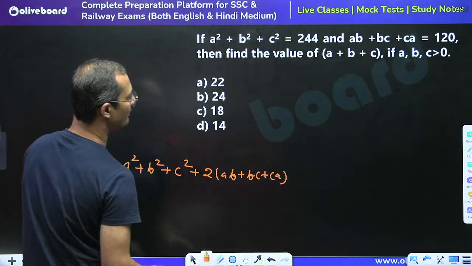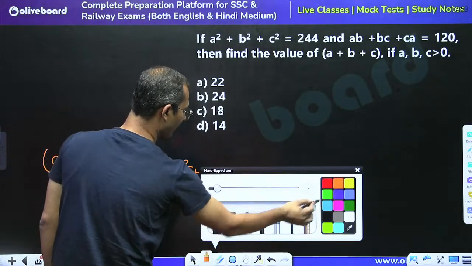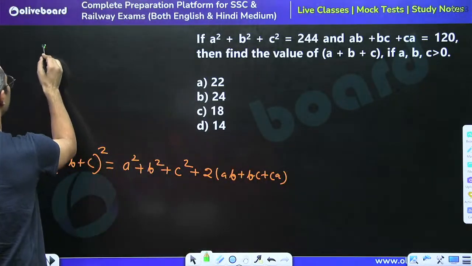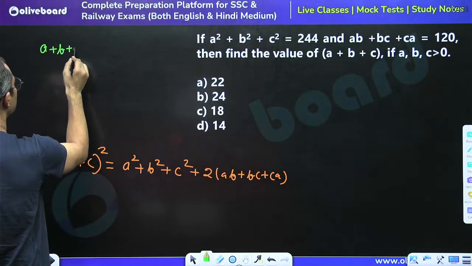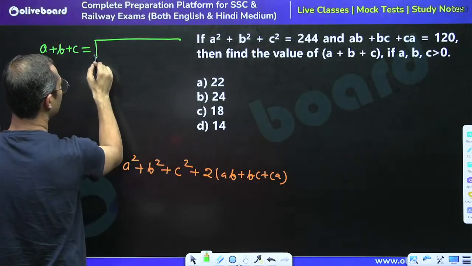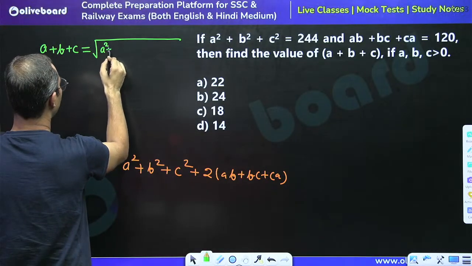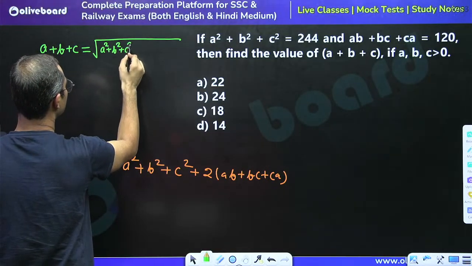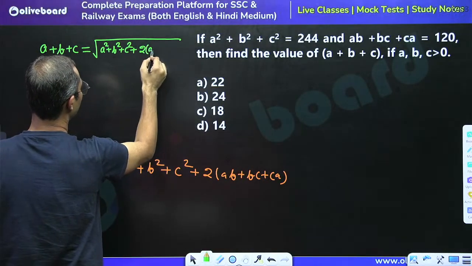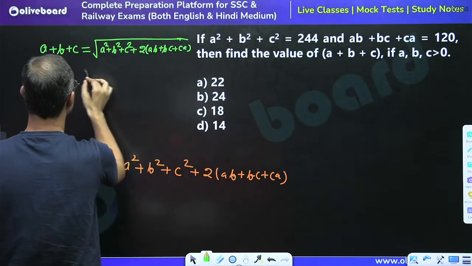We have to calculate the value of a plus b plus c, which is given by the square root of a square plus b square plus c square plus twice of ab plus bc plus ca.